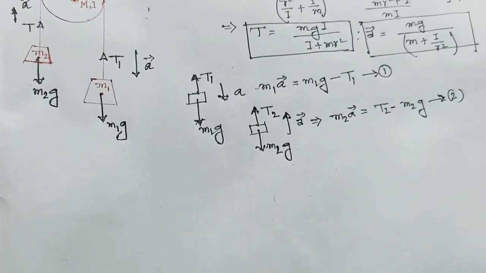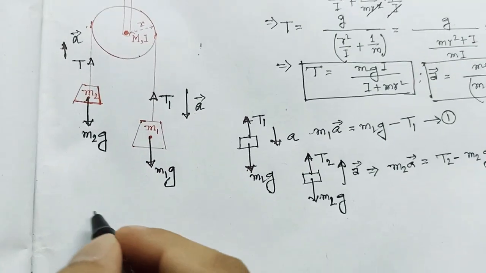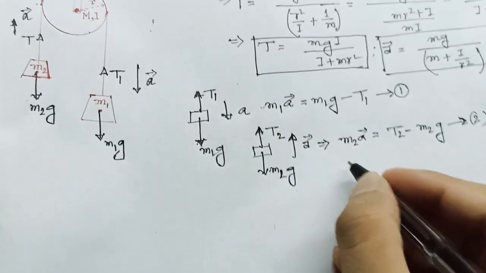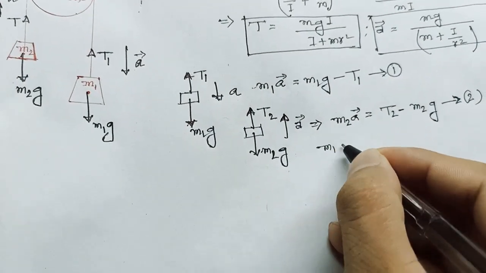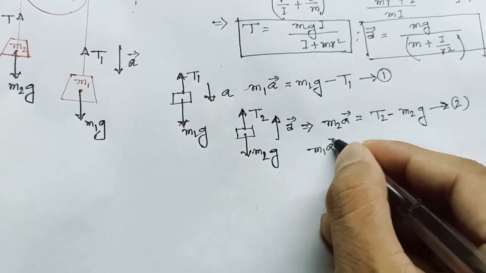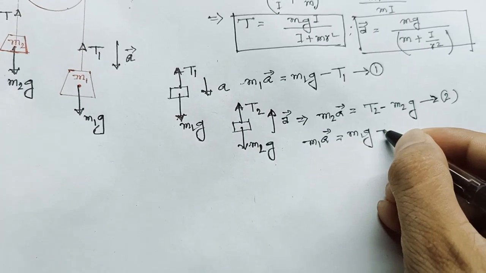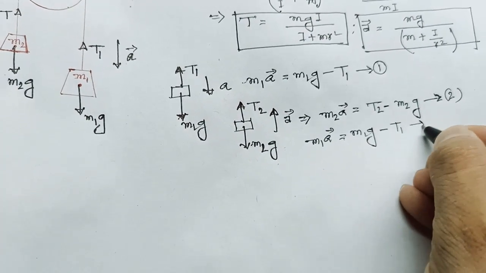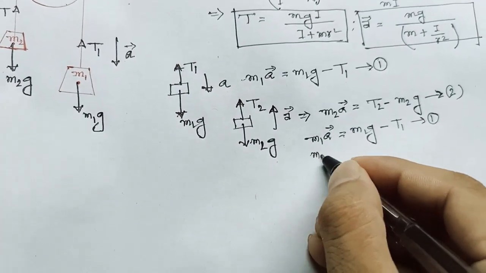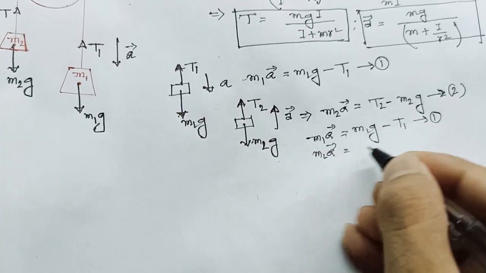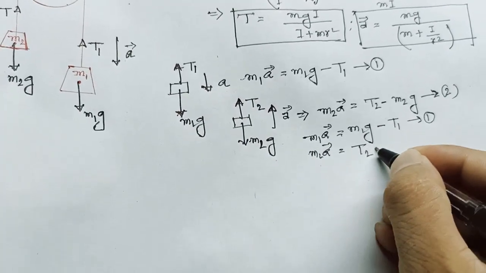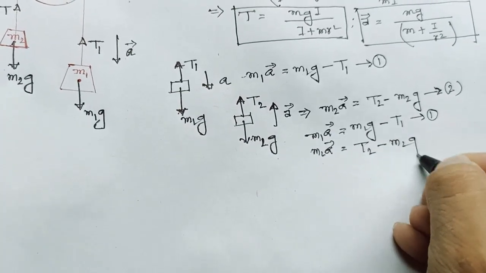Now, to find the acceleration of the system, we'll add equation number 1 and equation number 2. From this we can write m1a equal to m1g minus T1, which is equation number 1, and m2a equal to T2 minus m2g, which is equation number 2.